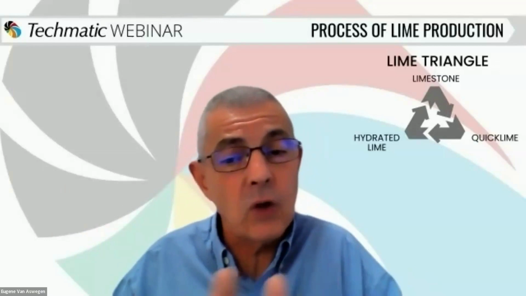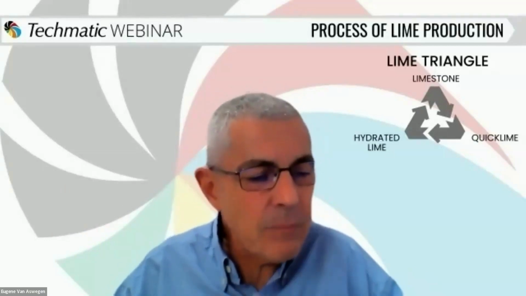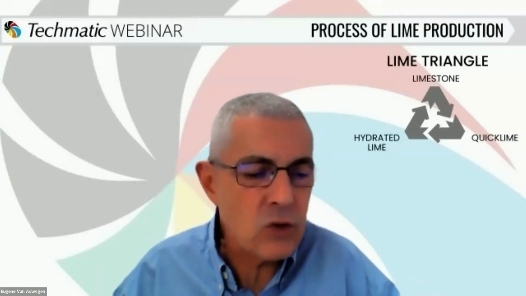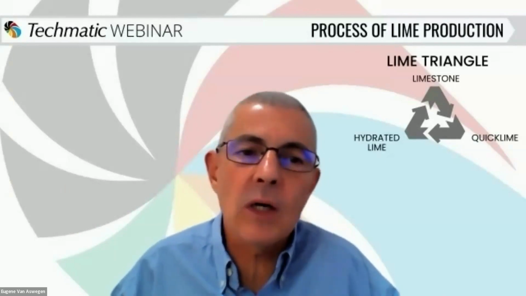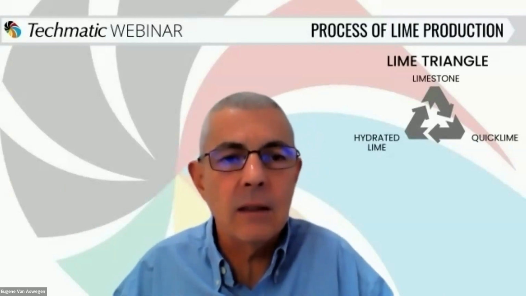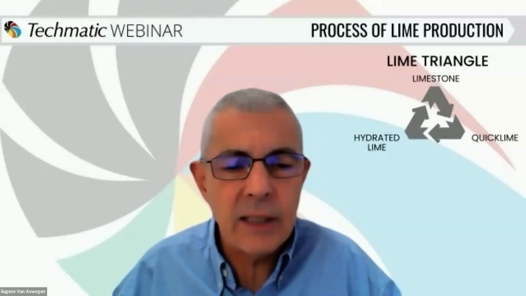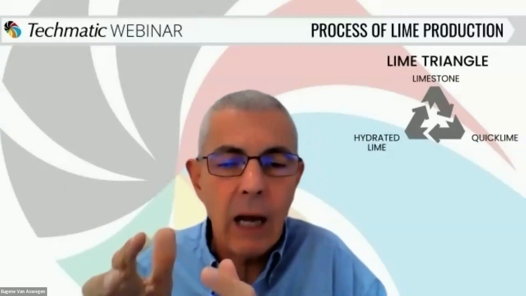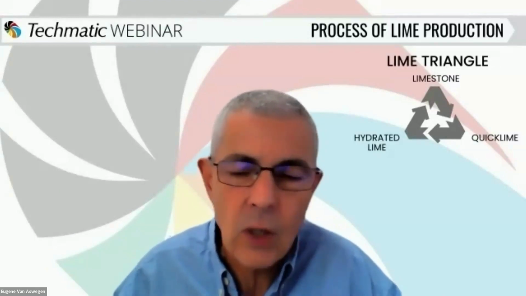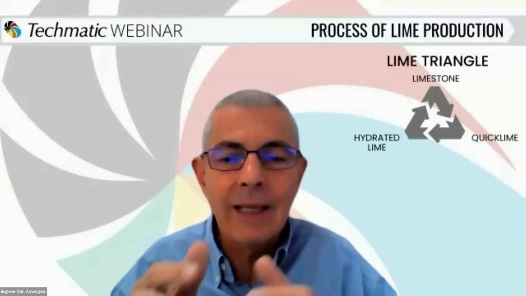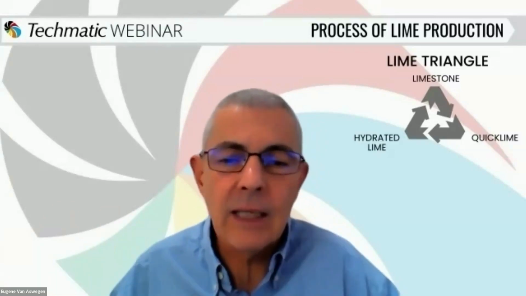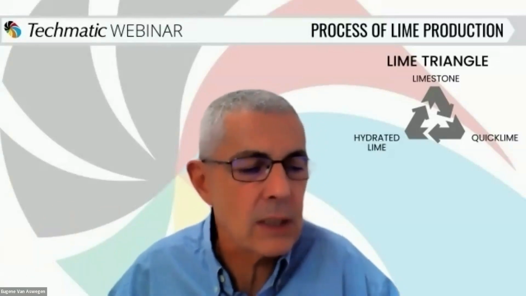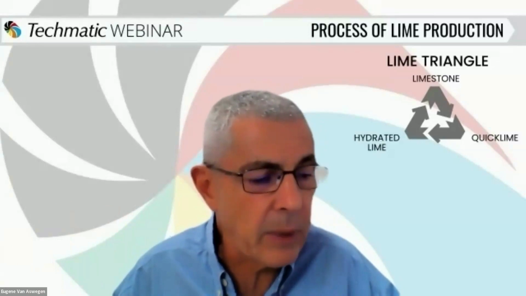If you then look at dolomitic limestone, the chemical composition is predominantly driven by magnesium oxide, because that is the need that particularly the steel industry or pyrometallurgical industry requires, a high percentage of magnesium oxide as part of the fluxing process in steel making.